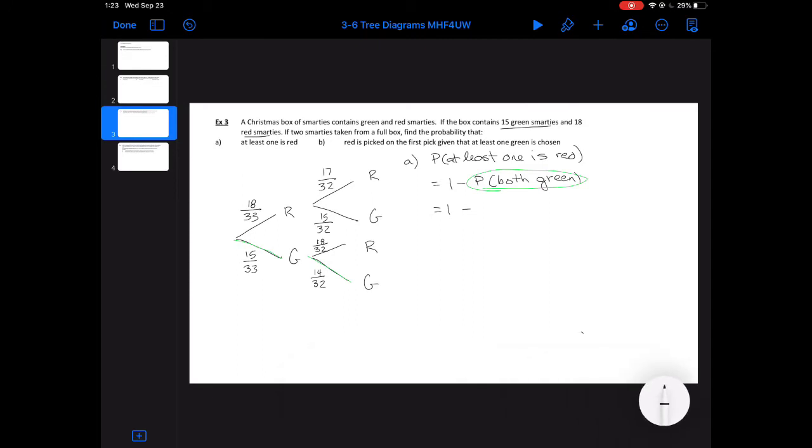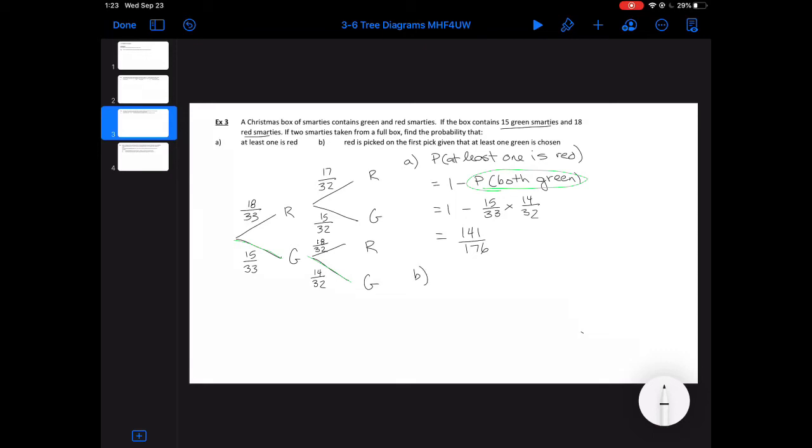So I can use my product rule to find that probability. So I've got 15 over 33 times 14 over 32, which when I calculate that all out, I should get 141 out of 176 as my probability that at least one is red.